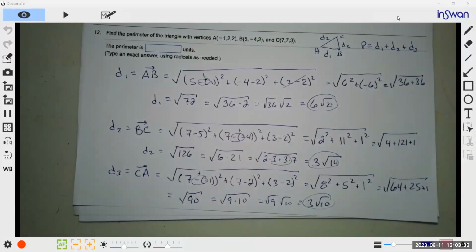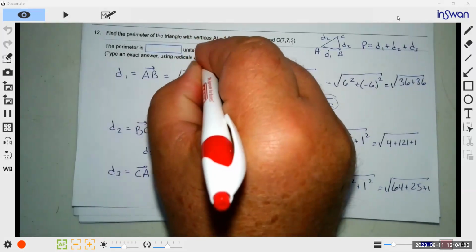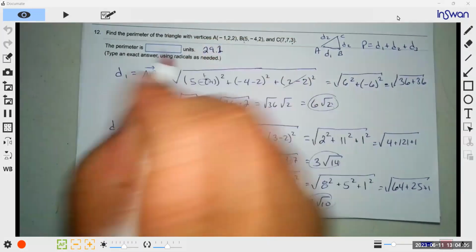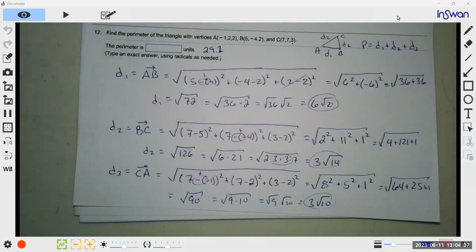So it's 6 times radical 2 plus 3 times radical 14 plus 3 times radical 10. The answer is 29.2 units, whatever it is.